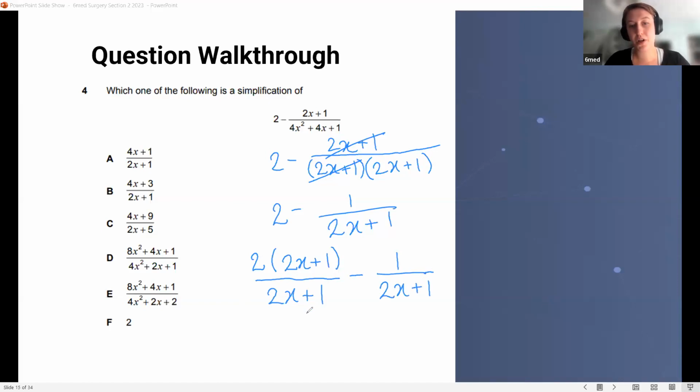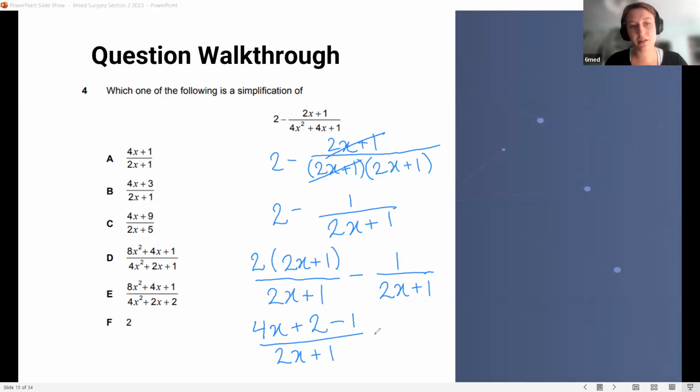So I can now combine this because they share a denominator. So if we first expand out this here, I'd end up with 4x plus 2, take away 1, all over 2x plus 1.